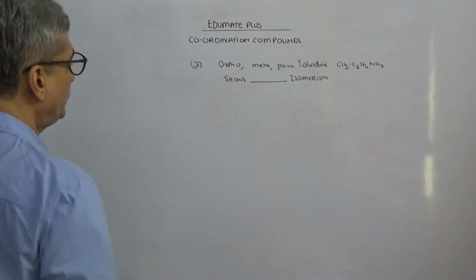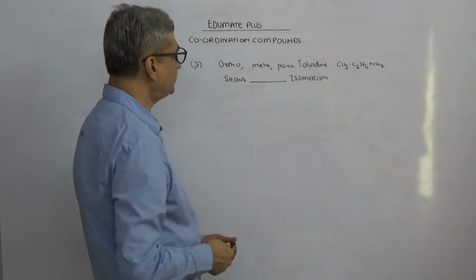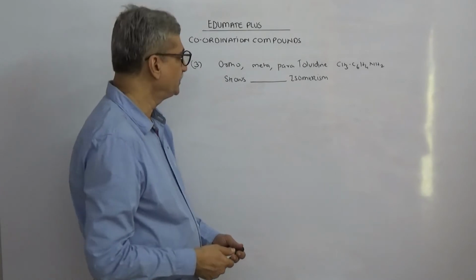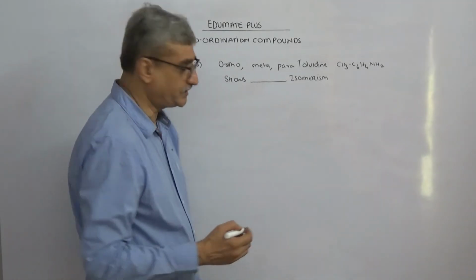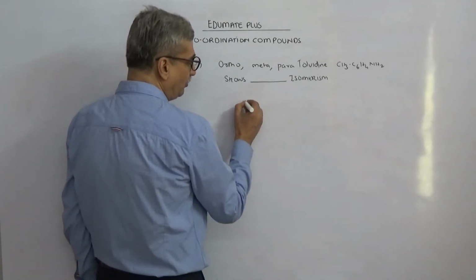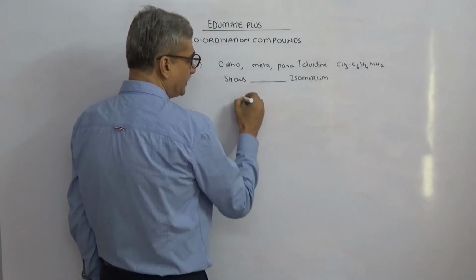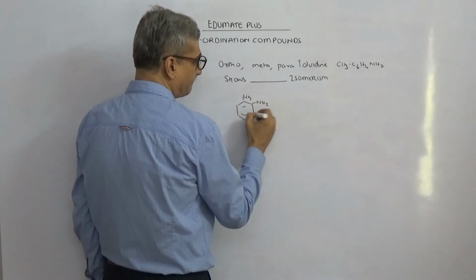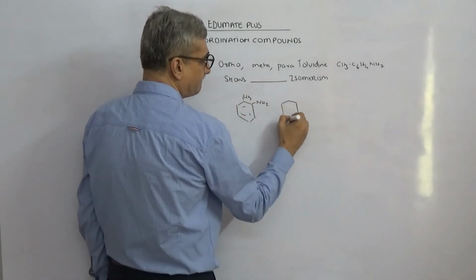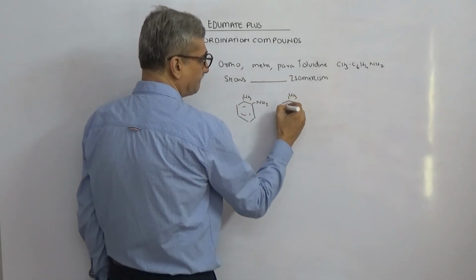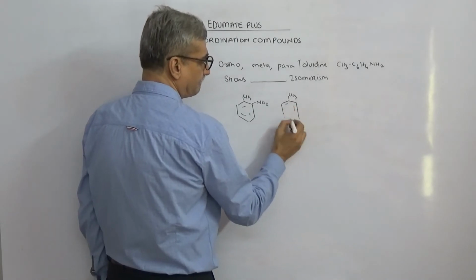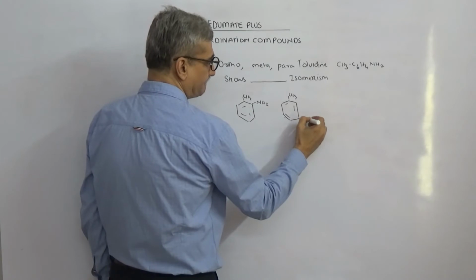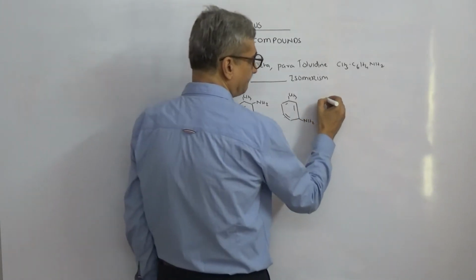We have the next question, that is, ortho, meta, para toluidine shows what kind of isomerism. So if I look at toluidine, ortho, meta, para.